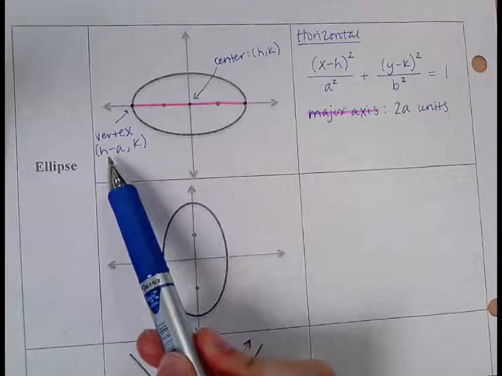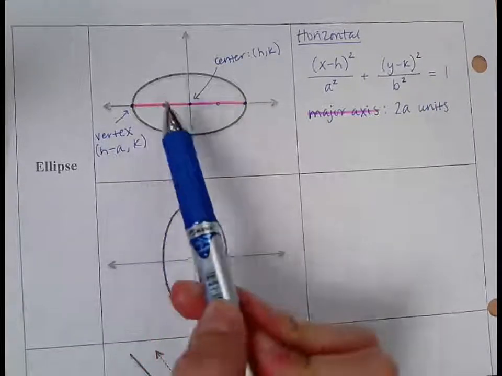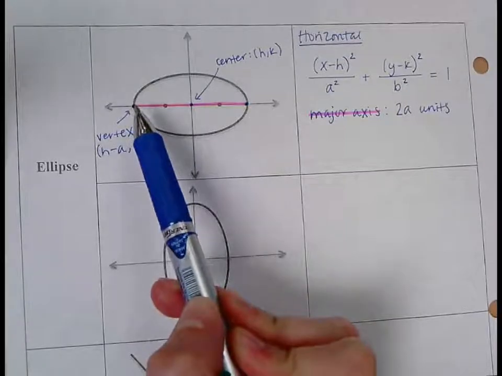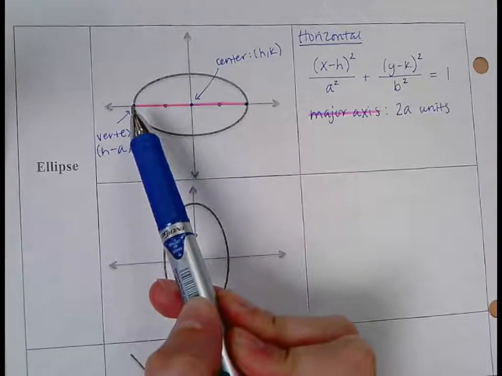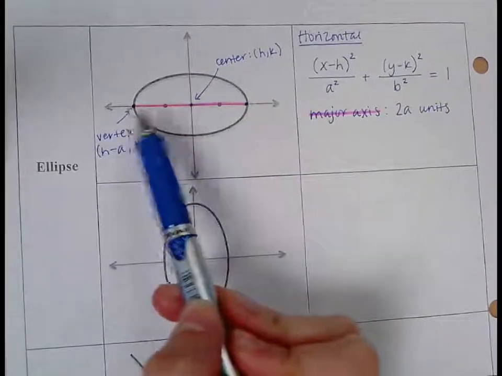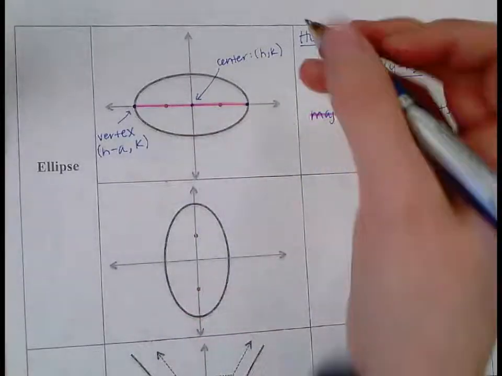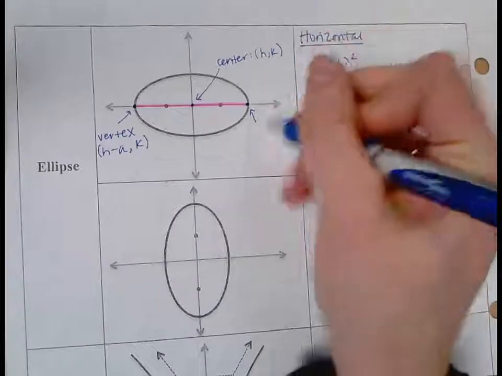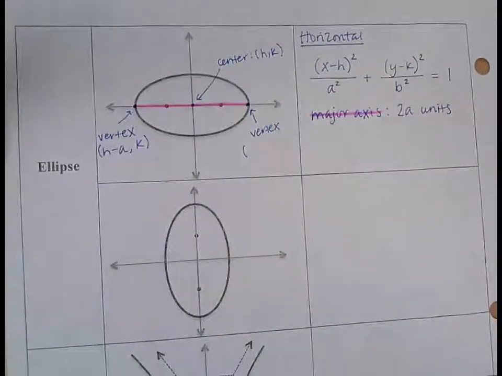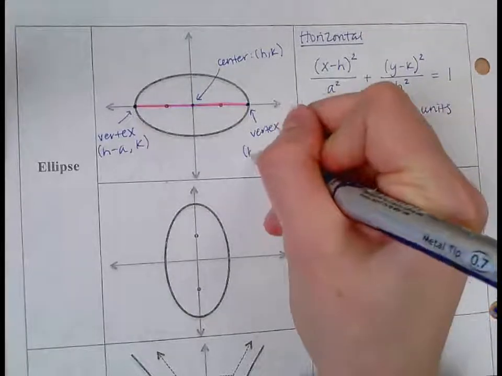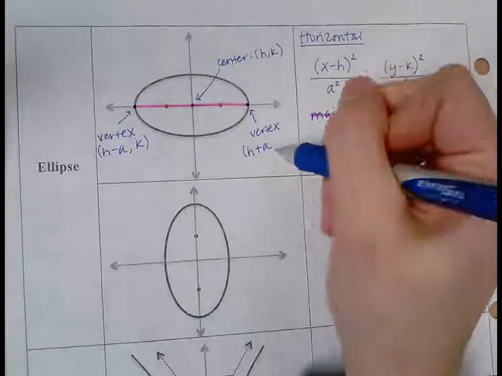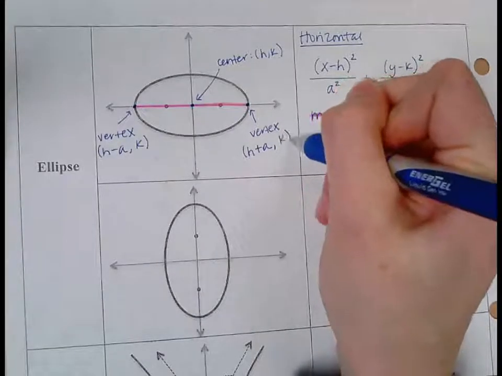So the reason the x-coordinate is h minus a is if you're starting at the center, you're going to the left a units. So that's why the x-coordinate is h minus a. The k value is the same because they're on the same horizontal line. The rightmost vertex then has the following coordinates. The x-coordinate is h plus a because you're going to the right a units, and the y-coordinate is k.